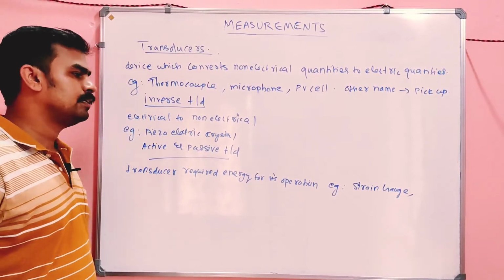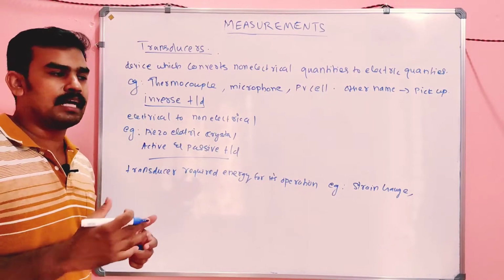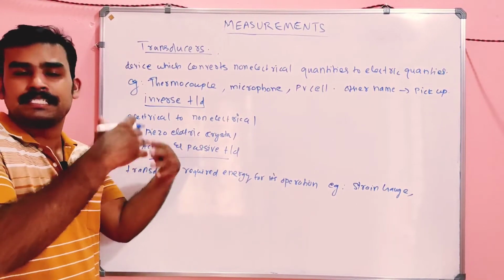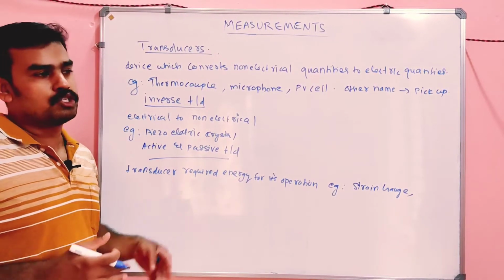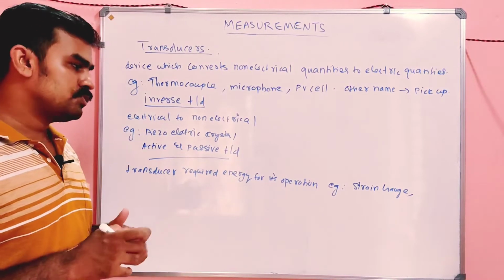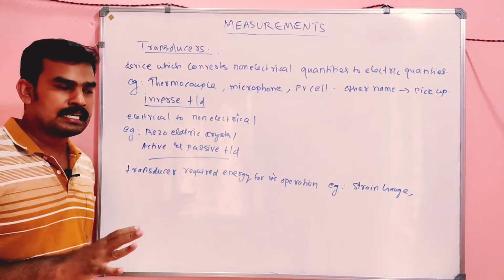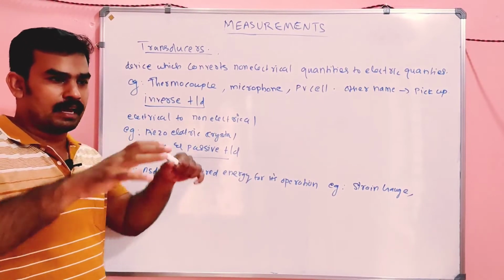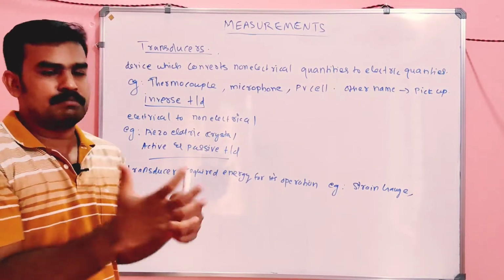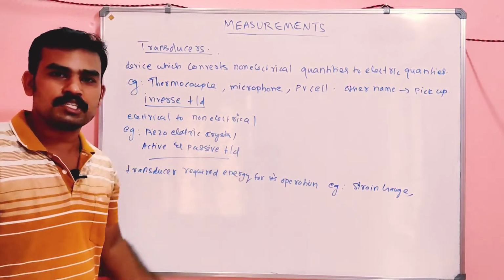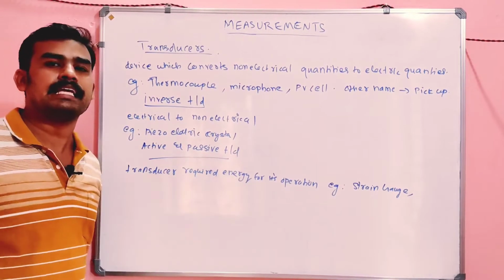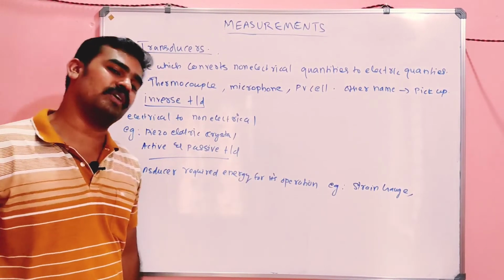We will also study that if you change the strain, the resistance will vary, so its output will vary. That means the strain gauge has a certain voltage applied to it. If we elongate or compress the strain gauge, its resistance will vary, and if the resistance varies, its output voltage will also vary.